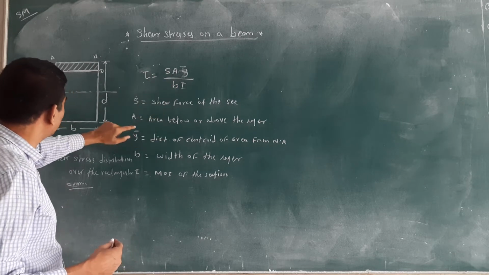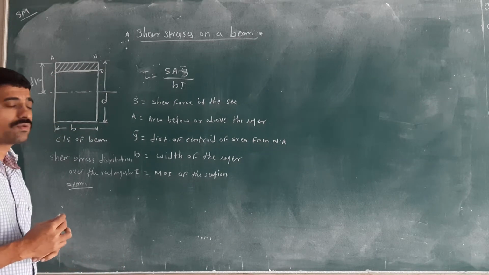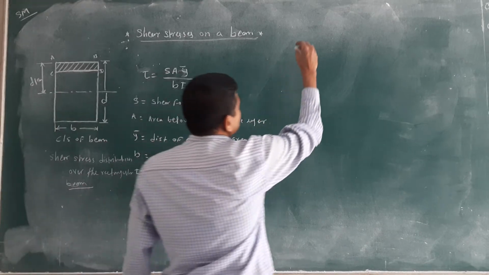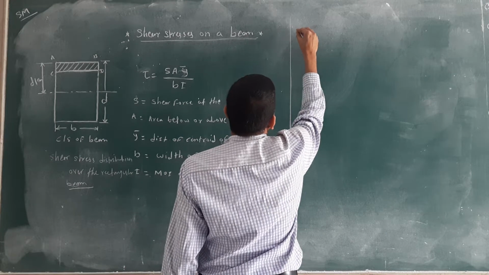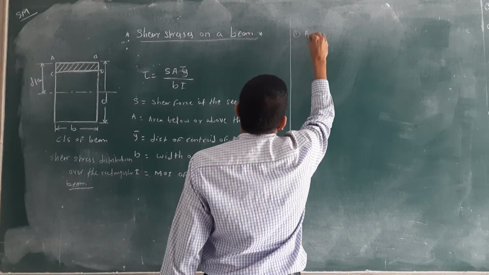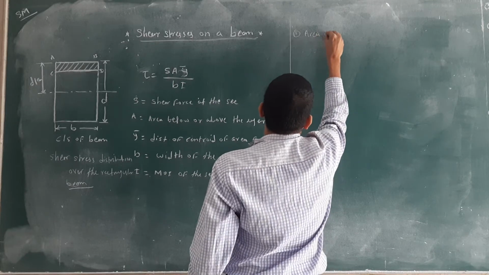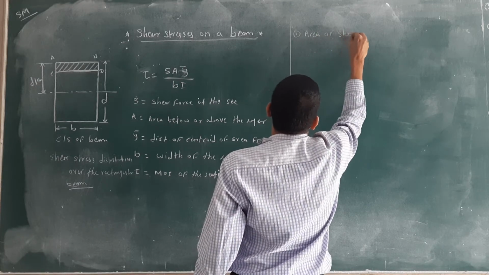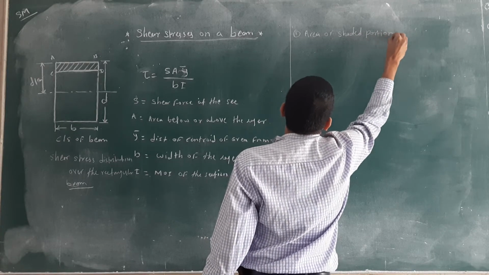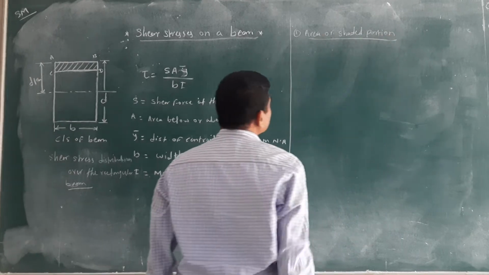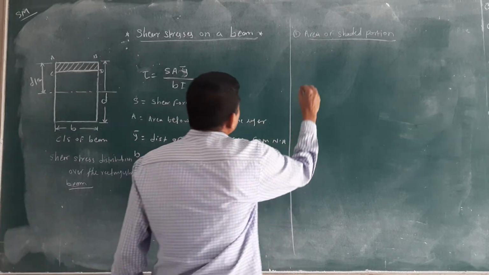Then we want to calculate the area for that rectangular section. You know the area of the rectangular section. We will consider first only the shaded portion. If you remember this formula, then we can easily calculate the area of the shaded portion ABCD.